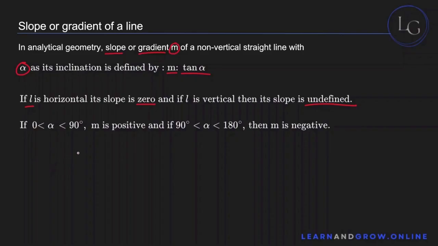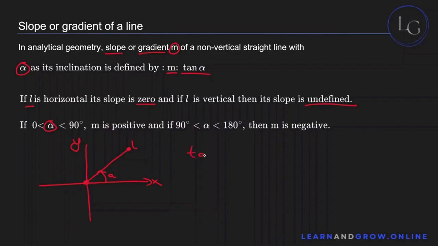Okay, so let's draw the coordinate axes, x-axis and y-axis, and let's say this is your line L. That means it's starting from the origin, the 0, 0 point, with y value 0 and x value 0, and it ends at this point here, right? Now, the angle alpha, the inclination: you start counting from the positive x-axis and you go counterclockwise. So this is the angle alpha. Now, you can find m by taking the tangent of alpha. Why the tangent of alpha?